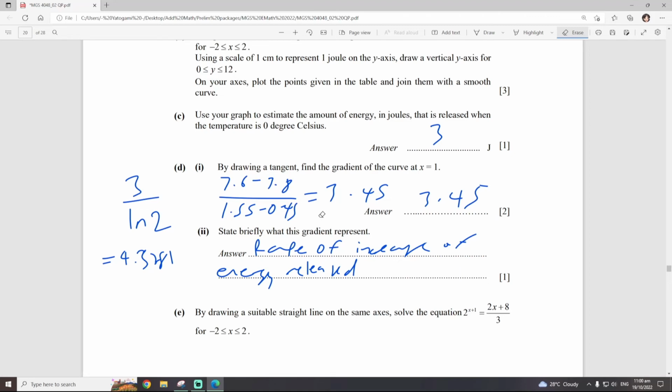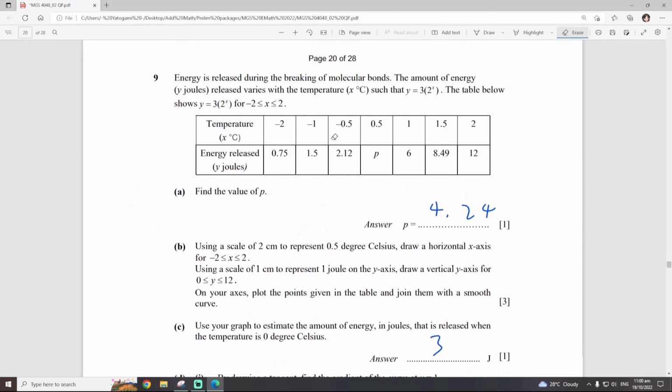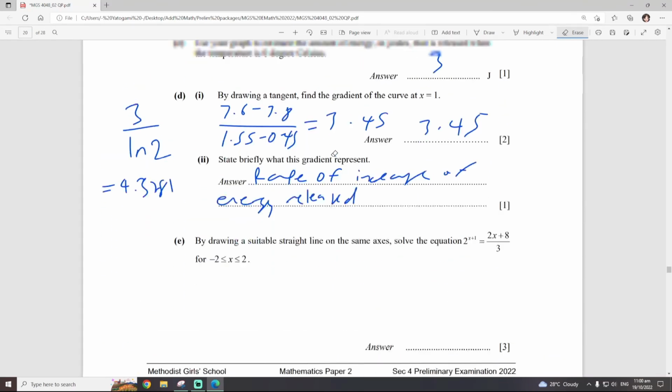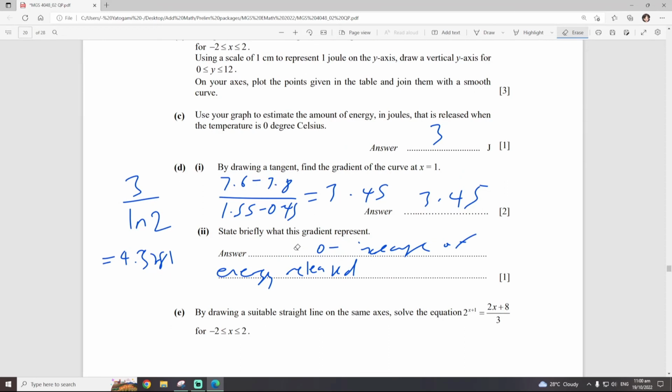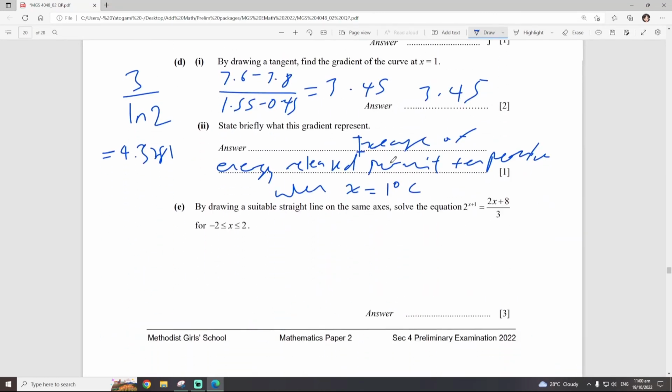Actually no, it is the increase per, it's not time, it's per unit temperature. So I should say increase of energy release per unit temperature when x equals to 1 degree Celsius. Yeah, that's what it is. Rate, you should usually reserve it for speed-time kind of applications.